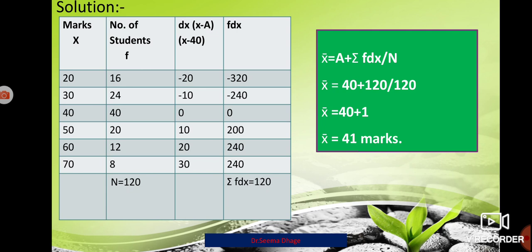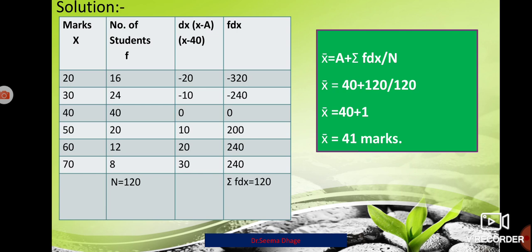that is n is equal to 120, which is already given in the problem, and then we have to calculate dx. Dx means we have to take the deviations of the variable x from the assumed mean a and denote these deviations x minus a by dx, and then enter the same in a column headed dx. So for dx, first you should take assumed mean.